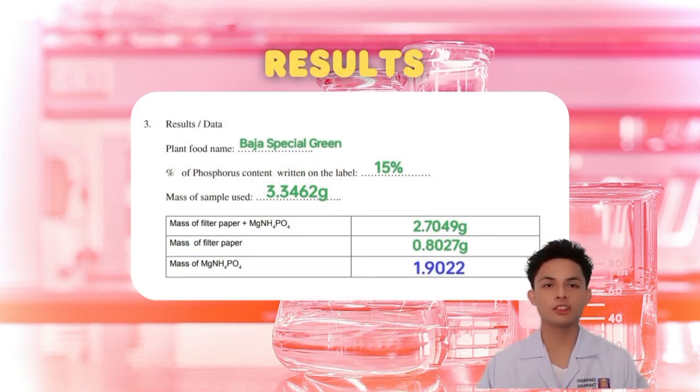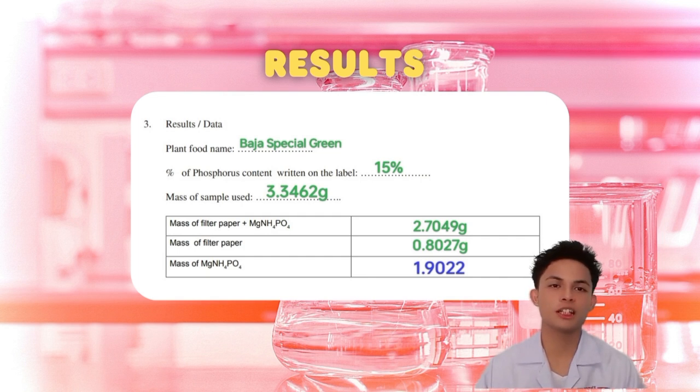So this is the example for the result of this experiment. We use a plant food that has 50% phosphorus content, like what I have here on the label. The specific amount of the sample that we used in this experiment is 3.346 grams. To get the amount of magnesium ammonium phosphate, we need to subtract the mass of the filter paper from the mass of the filter paper plus magnesium ammonium phosphate.